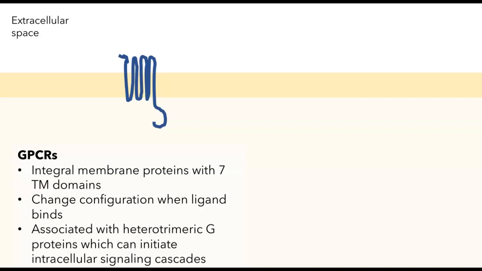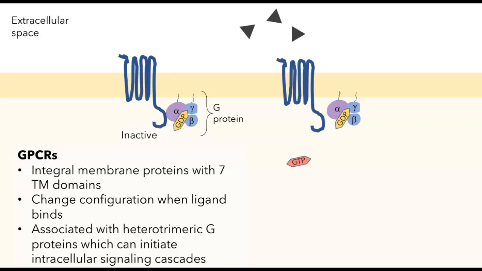So this is how they're going to work. We'll have our receptor, and in the inactive state, it's associated with the heterotrimeric G protein with the alpha, the beta, and the gamma subunits. In the inactive state, the alpha subunit is associated with GDP. Now, if we add a ligand, in this case the hormone, what will happen is it binds to the receptor, there's a conformational change, and when this happens, the alpha subunit releases the GDP and binds a GTP instead.